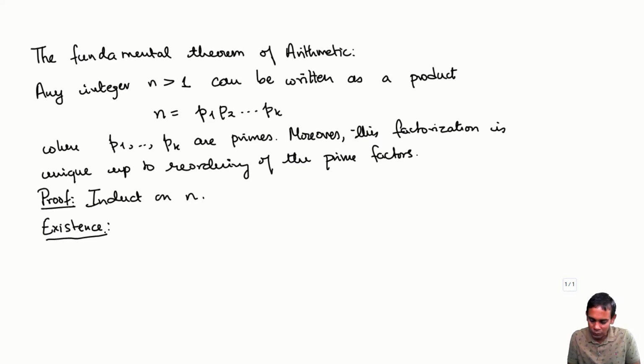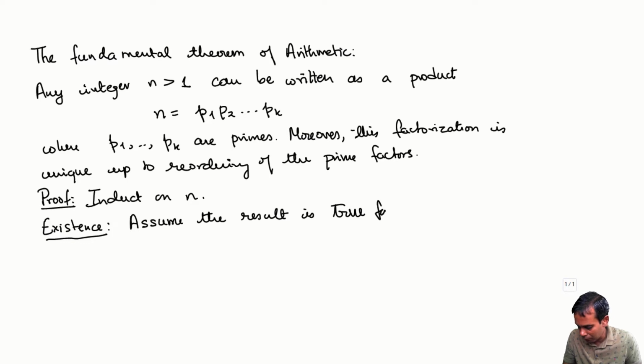Okay, but suppose we assume the result to be true for all numbers less than n. So this is a strong induction hypothesis, and now we have n, and we want to show that n can be written as a product of prime numbers.